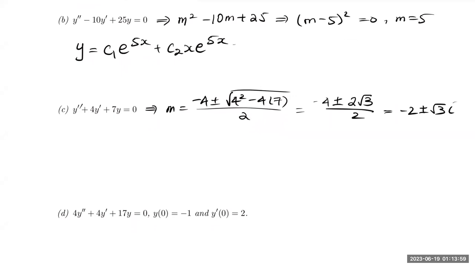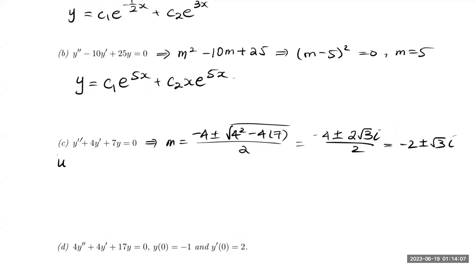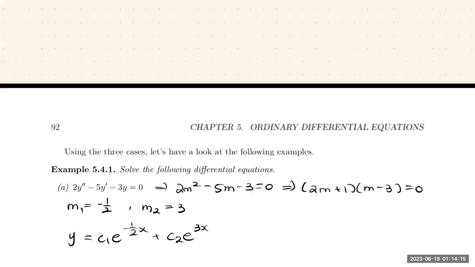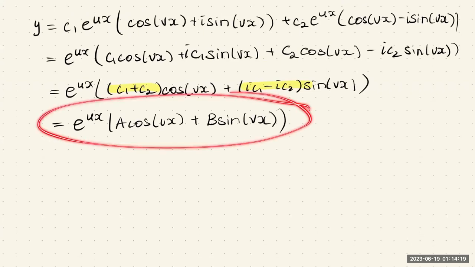So from here, we could also make the note that, since our u is going to be -2 and our v is going to be root 3, we could just go ahead and write this as the regular formula that we have put here.